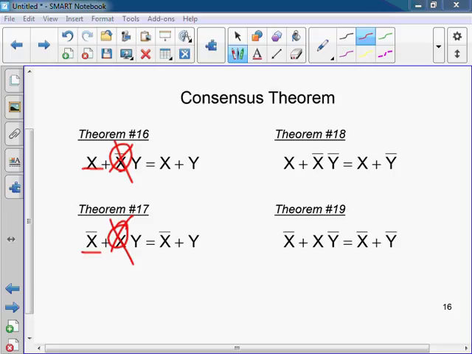And in the end, I end up with not x plus y. Next one, I have x plus not x not y. So who cares if the girlfriend is not negative, right? It doesn't matter. It still works exactly the same. And the same deal happens over here. So this is very, very straightforward.